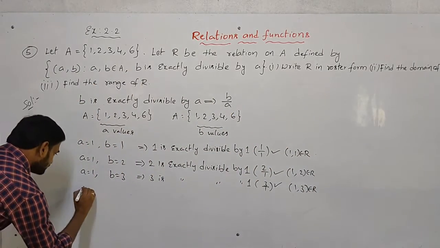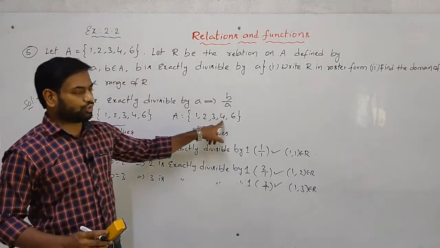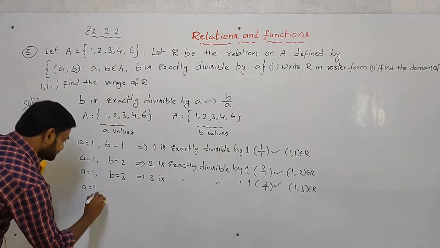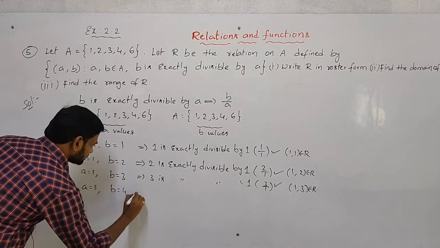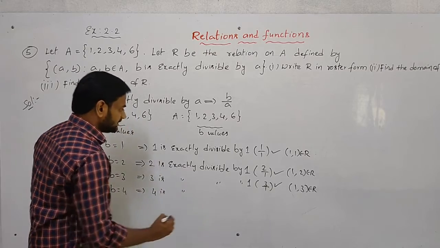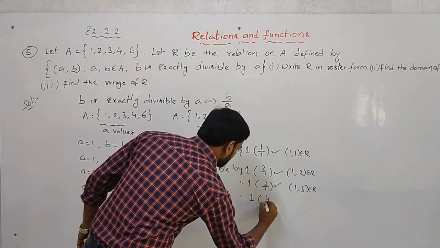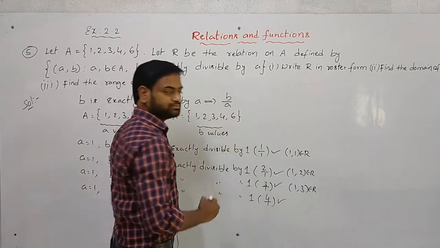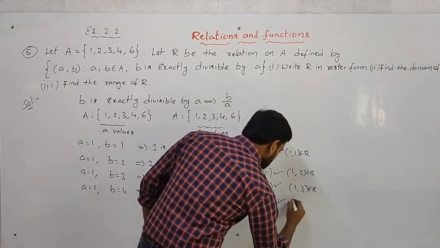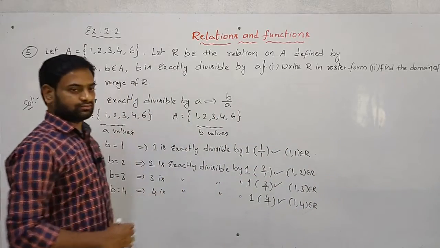Next, A equal to 1 and B equal to 4. Same. 4 is exactly divisible by 1. That is 4 by 1. Yes, correct. Possible. So 1 comma 4 belongs to the relation.